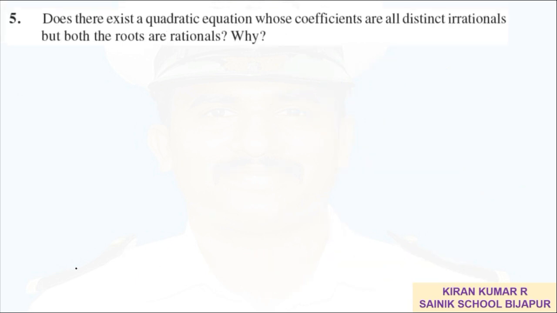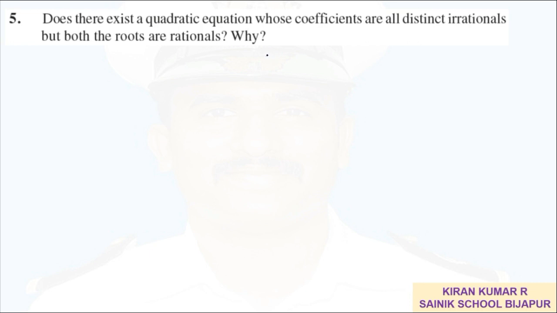Question 5. Does there exist a quadratic equation whose coefficients are all distinct irrationals but both the roots are rationals? For this also I would like to explain through an example wherein I'll consider irrational coefficients.